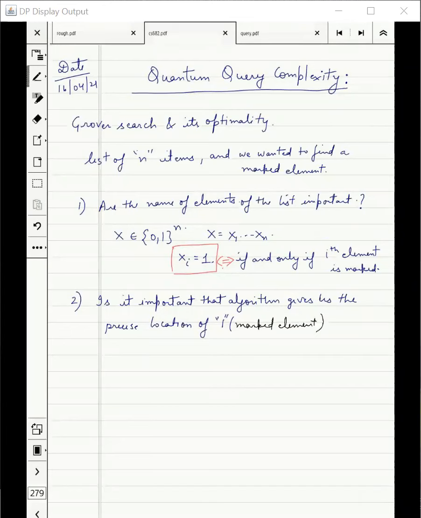Precise location, you mean the place where it is placed, like the nth position or something? Right. In the Grover search, does it matter whether we ask the algorithm to output where the one is, or is it enough that the algorithm finds if there is a one or not?